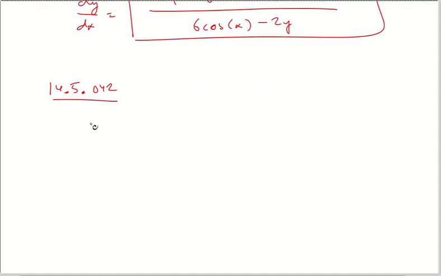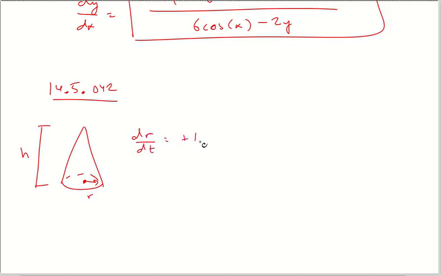145042. So they want to talk about a cone. And its height, the height of the cone is h. The radius of the cone is an r, little r. And they say dr dt is equal to a positive 1.2 inches per second.